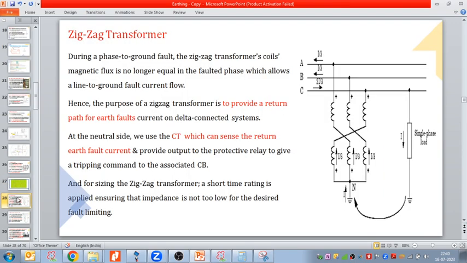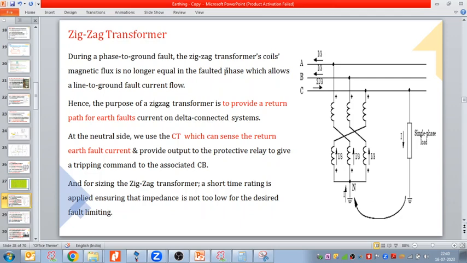So this is the system or winding for the zigzag transformer. And during a phase to ground fault, the zigzag transformer's coil magnetic flux is no longer equal in the faulted phase.